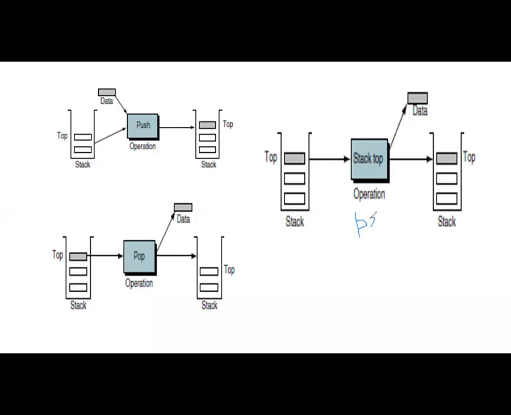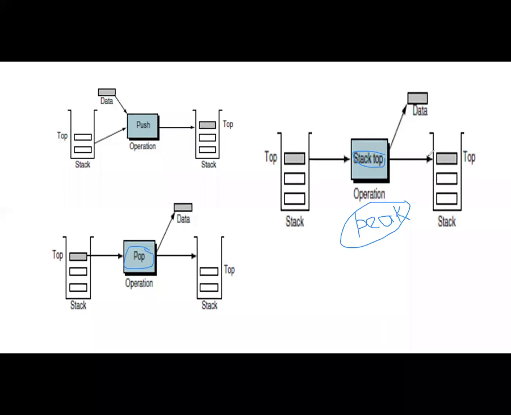I'm going to pick the topmost element. The only difference between the pop operation and the stack top or peek operation is that pop removes the element from the top of the stack, whereas peek doesn't remove the element, it only gives the element from the top of the stack.